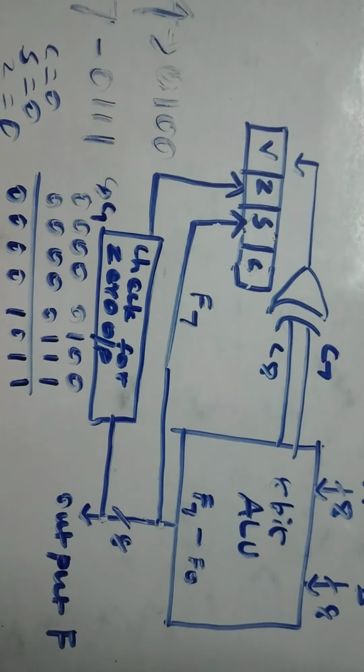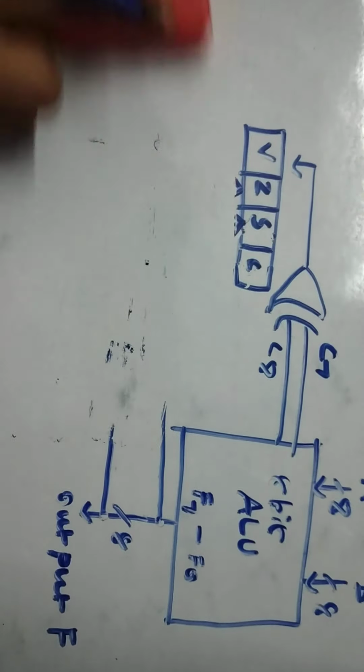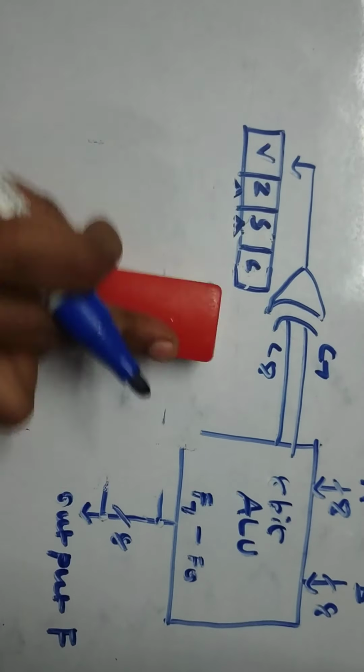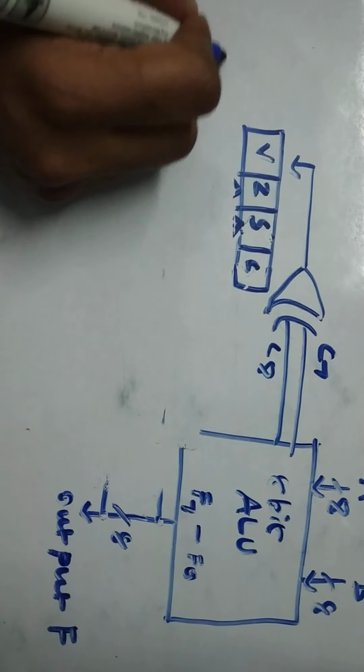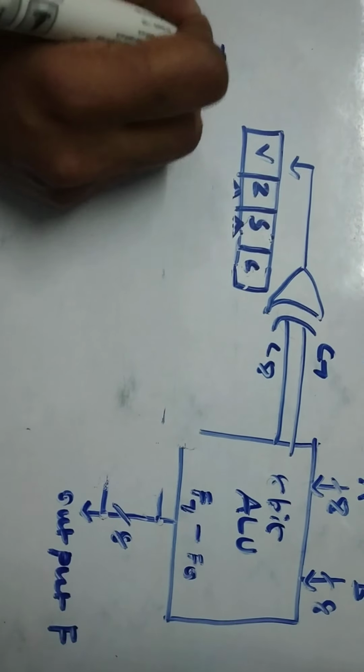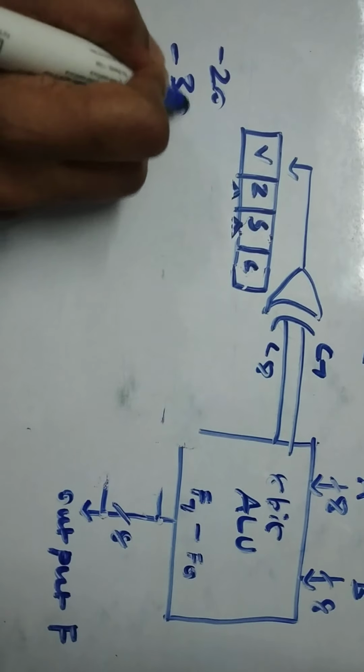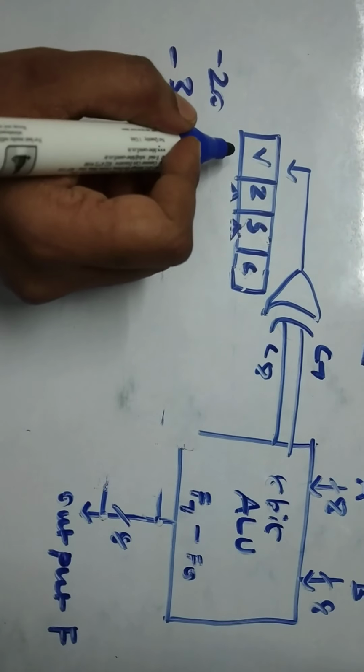Let's take another example. Say you take two signed values, minus 20 and minus 30. What are the values of 20 and 30?